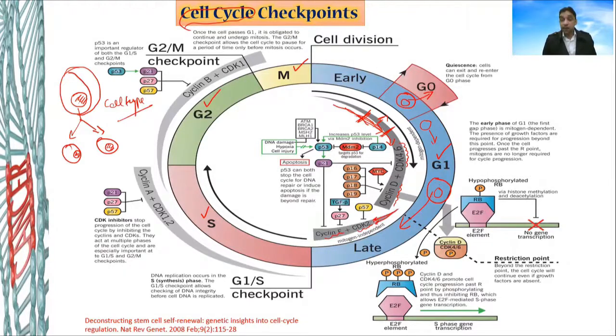And that is a very strong signal which we can use to feel that this cell is committed for cell division. So when as a researcher you want to confirm whether a cell is committed to go for cell division, you need to see the levels of cyclin E and CDK2 in those cells.